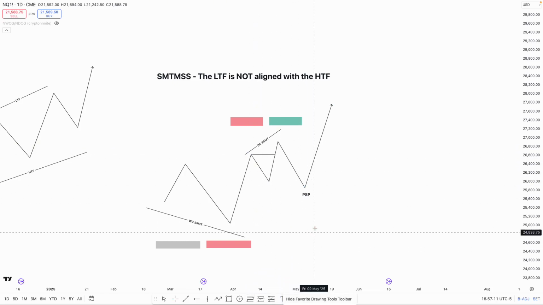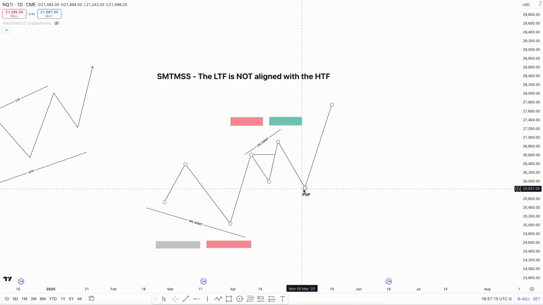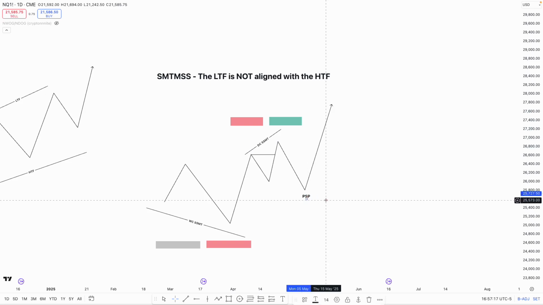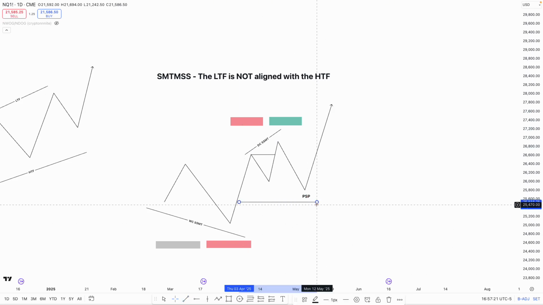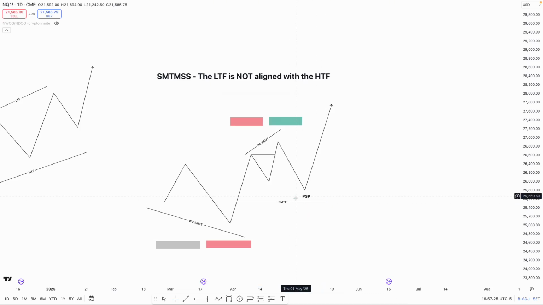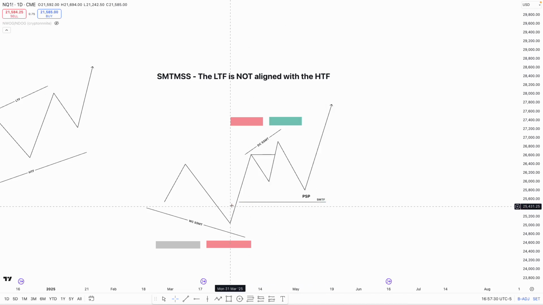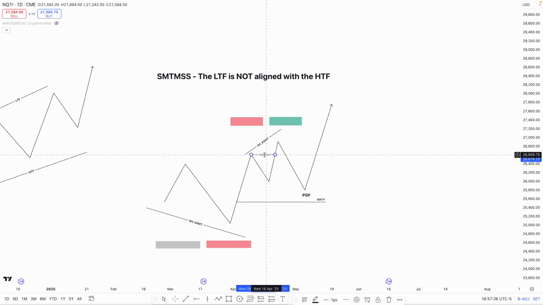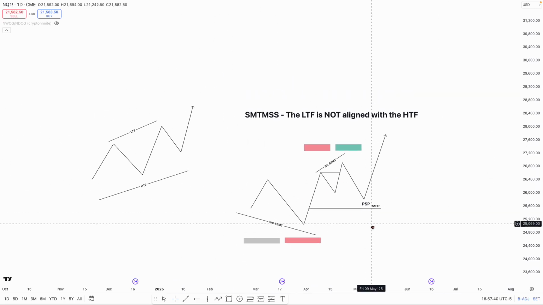So you may look for a 90-minute cycle sequential SMT here, or you can look for things like SMT fill, causing price to reverse. These are all different things that you can be looking for when trading these retracements and these SMT market structure shifts.